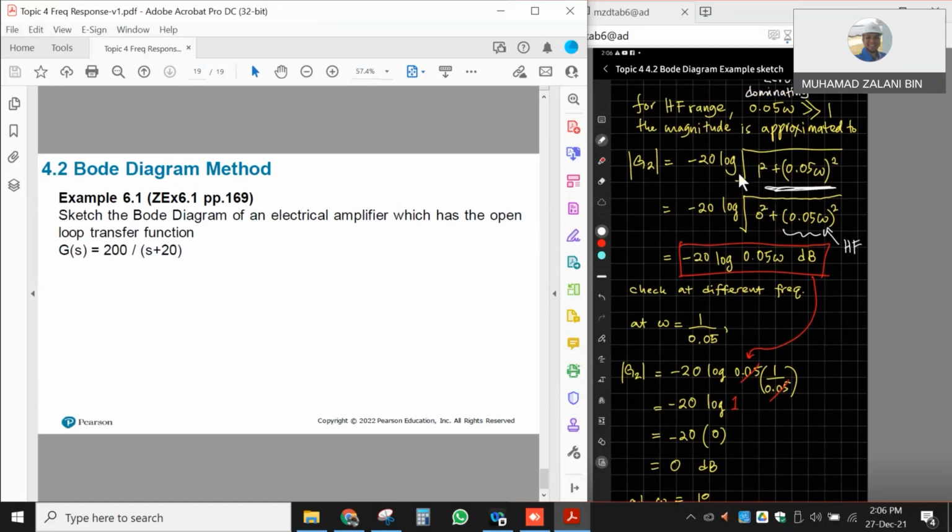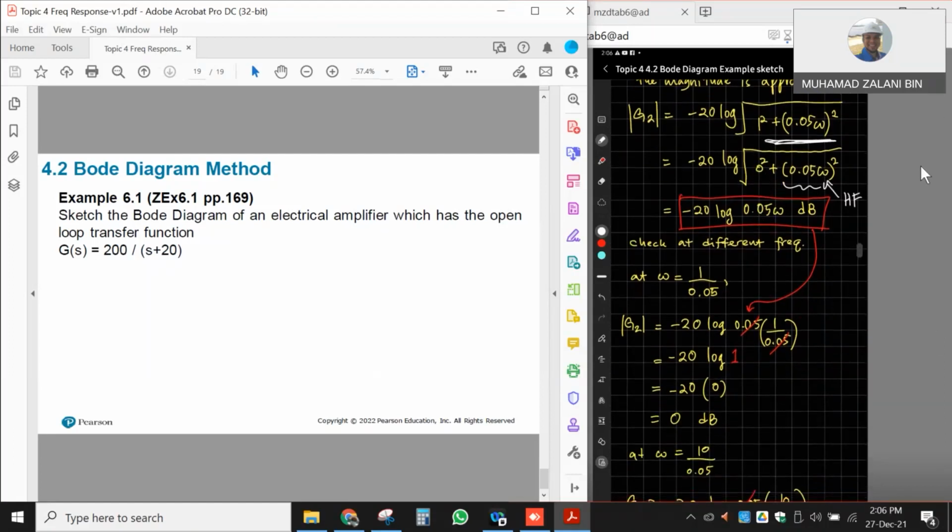So this part is dominated by the other part, which is small enough that we can neglect. Meaning that we can just assume that it is 0. So when omega is dominating, we could expect that it remains at 0.05 omega.